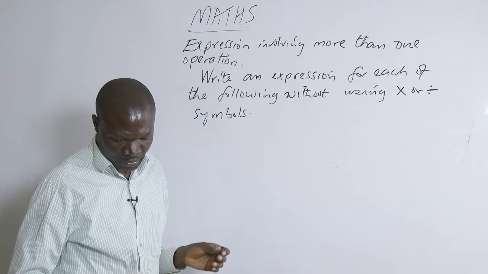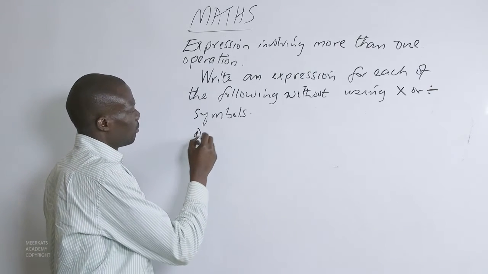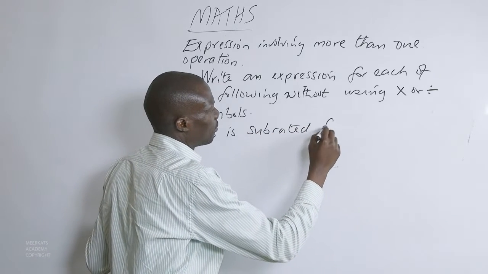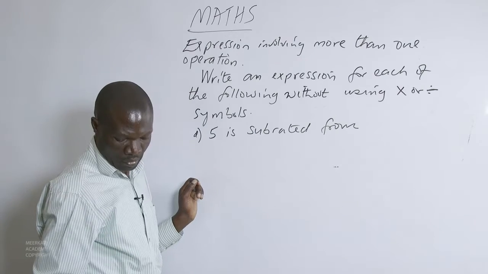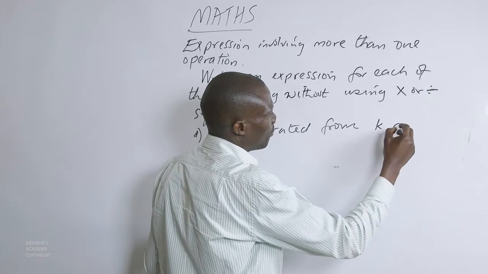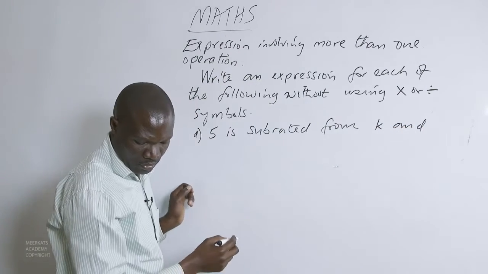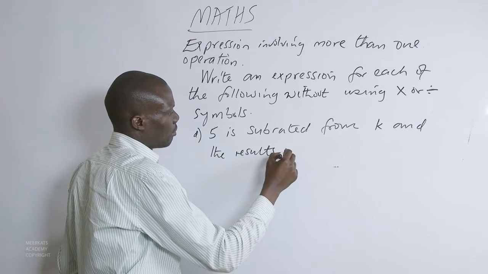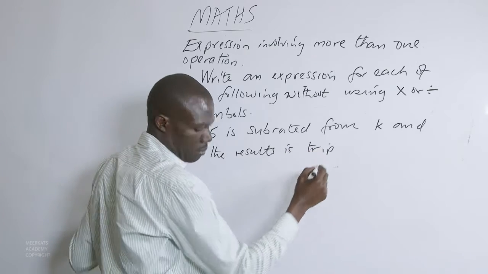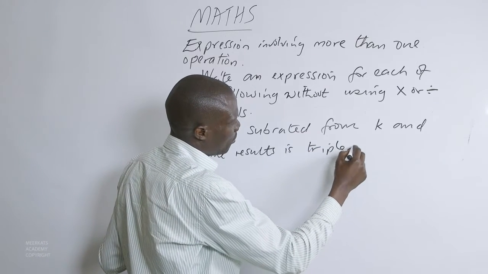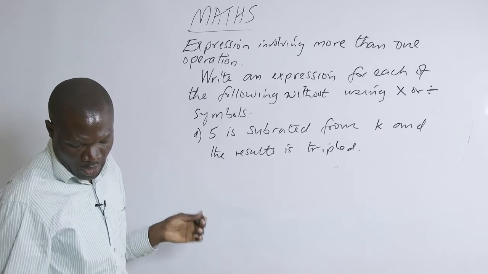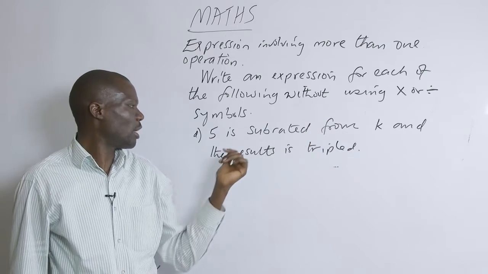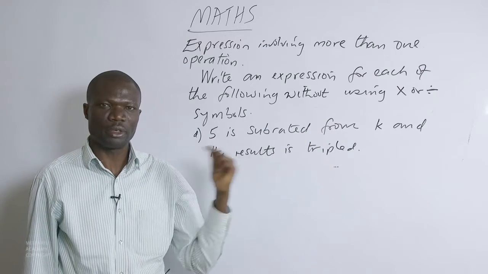The last one we have: 5 is subtracted from k and the result is tripled.